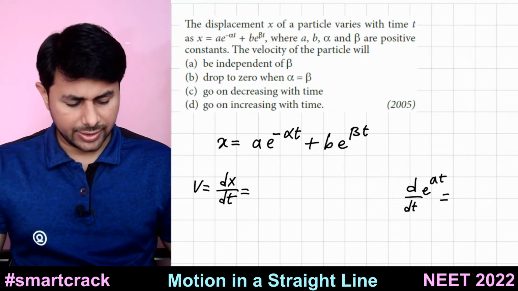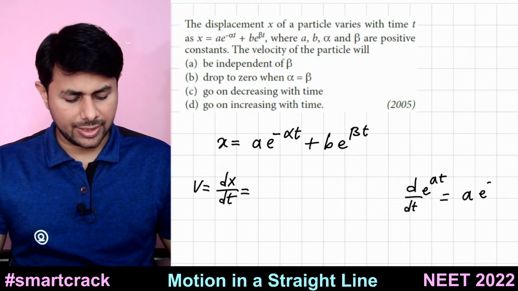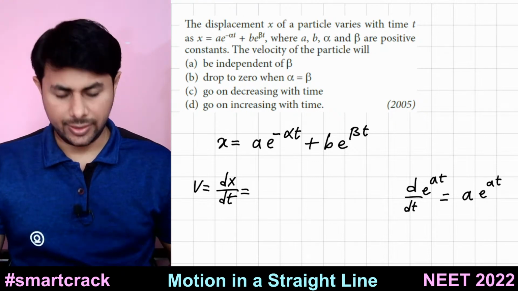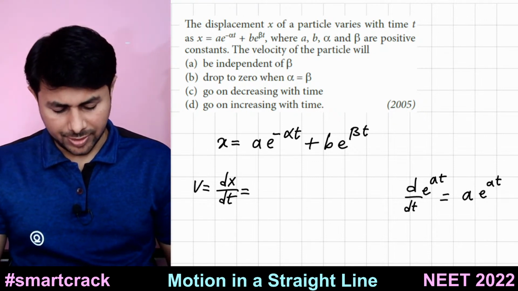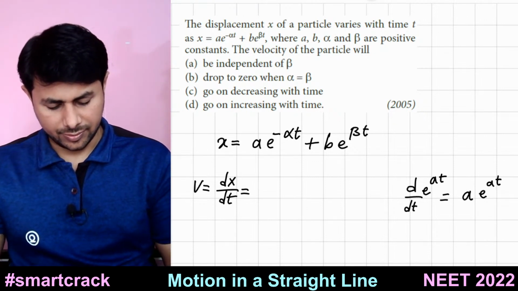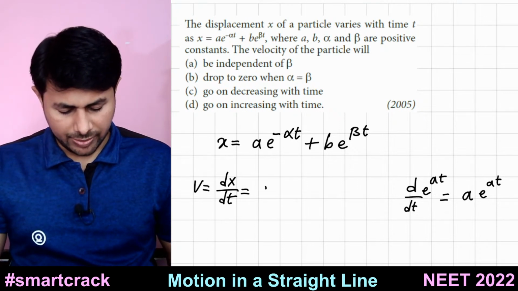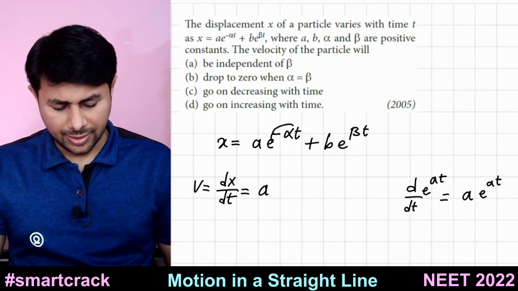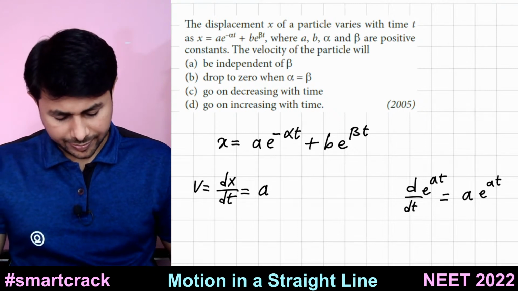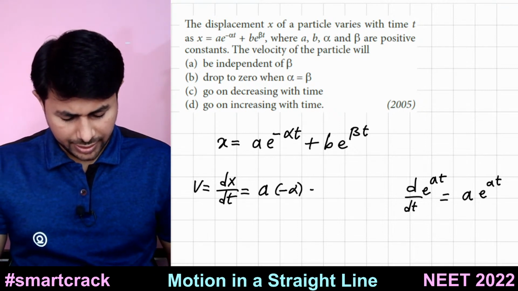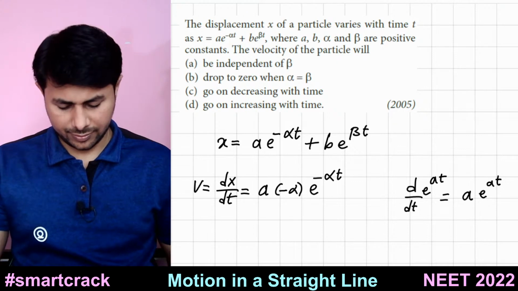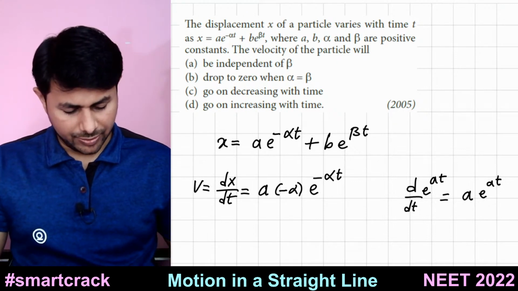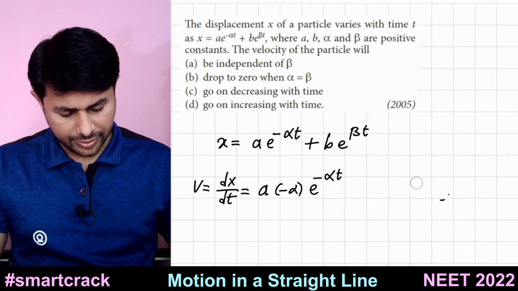The formula for this is a multiplied by e raised to at. So here, what is the value of this a? It is minus alpha. So the derivative here will be a multiplied by minus alpha into e raised to minus alpha t. And the derivative of the second term will be what?